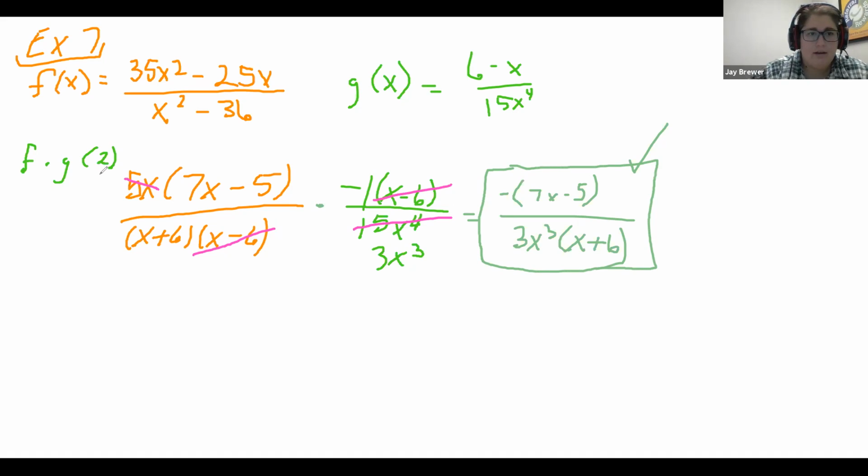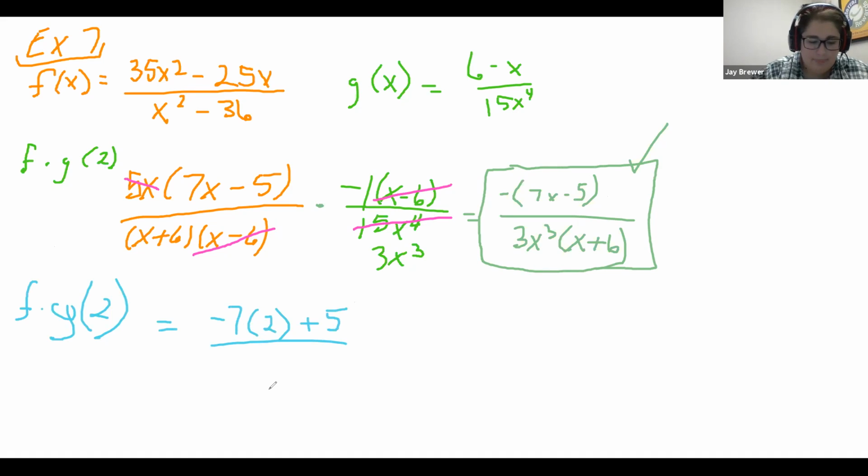All right. Now if we want to do the second part, where f times g is evaluated at 2, we're just going to plug 2 in for all of our x's. So -7 times 2, and then we can distribute the negative, so that'll be a plus 5, and then 3 times 2 cubed times 2 plus 6.